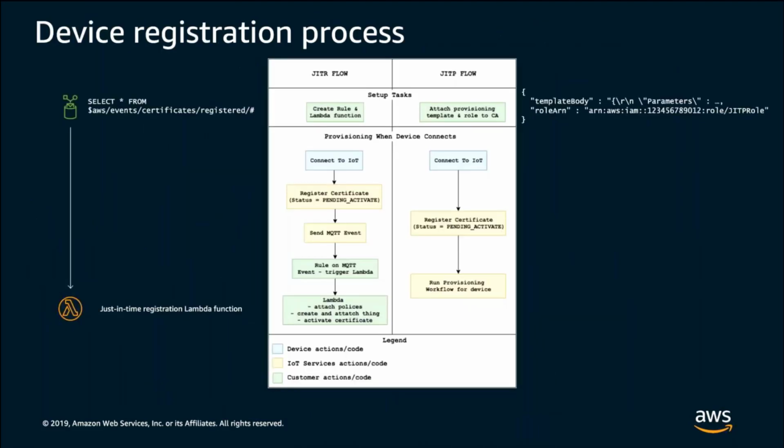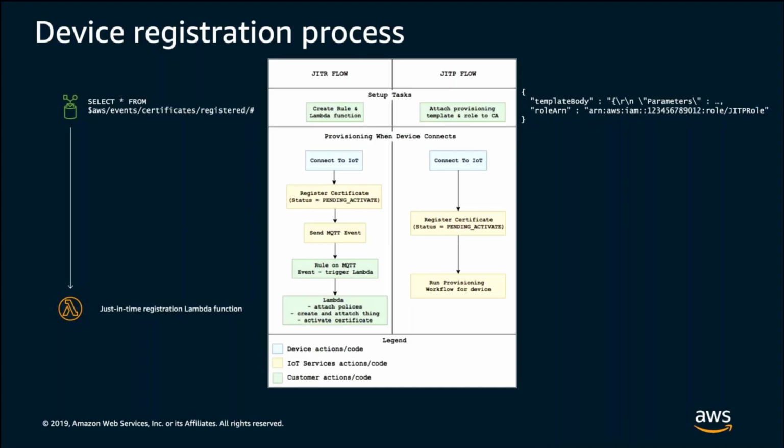Let's start from the onboarding part. Every device needs to be registered into the solution before connecting to the solution. To register a device, customers can choose just-in-time registration or just-in-time provisioning.